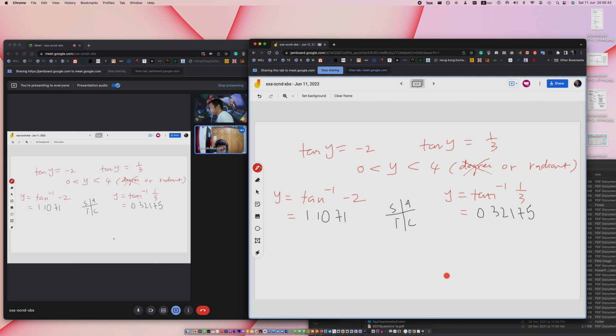Since this one is negative, it's only in here and here. So this one is pi minus 1.1071 and 2 pi minus.